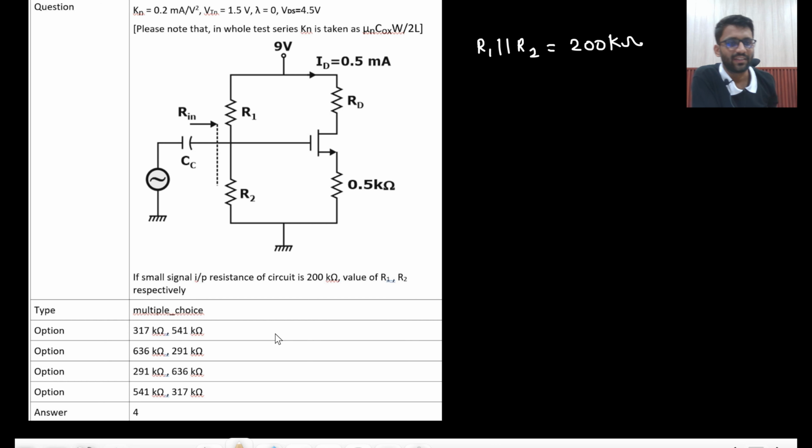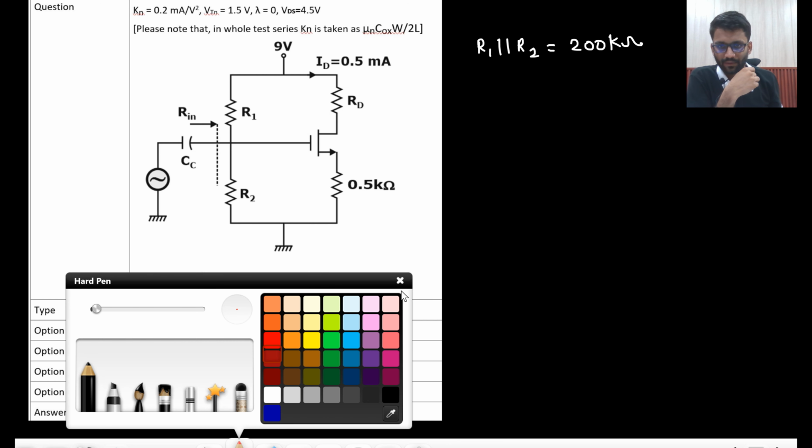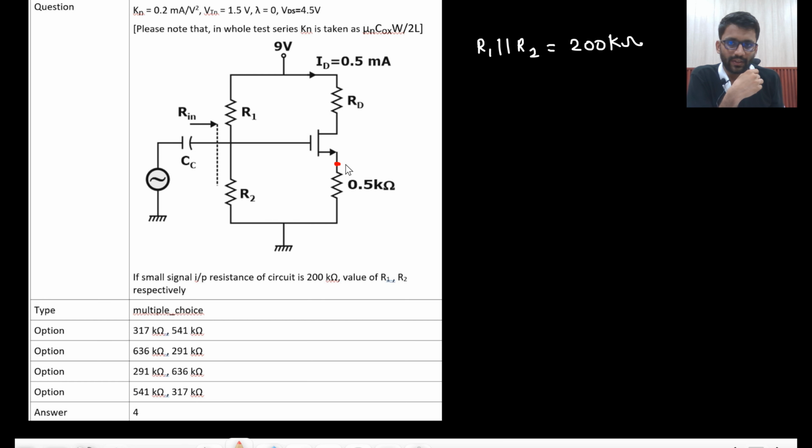So this is what you cannot do. You have to find one of R1 and R2. So let's try finding one of R1 and R2. What can we do here? We know the current, and we know this drop as well. This drop is 0.25. If we are doing DC analysis, that is 9 into R2 upon R1 plus R2.